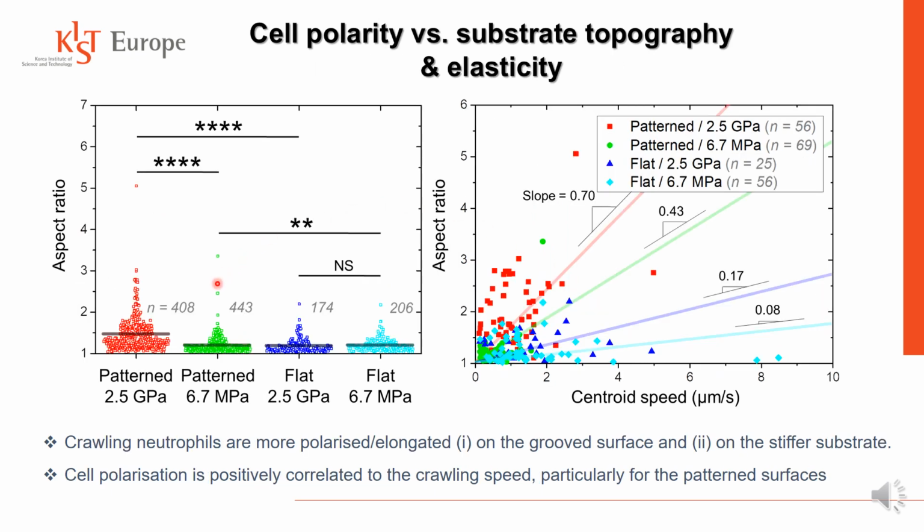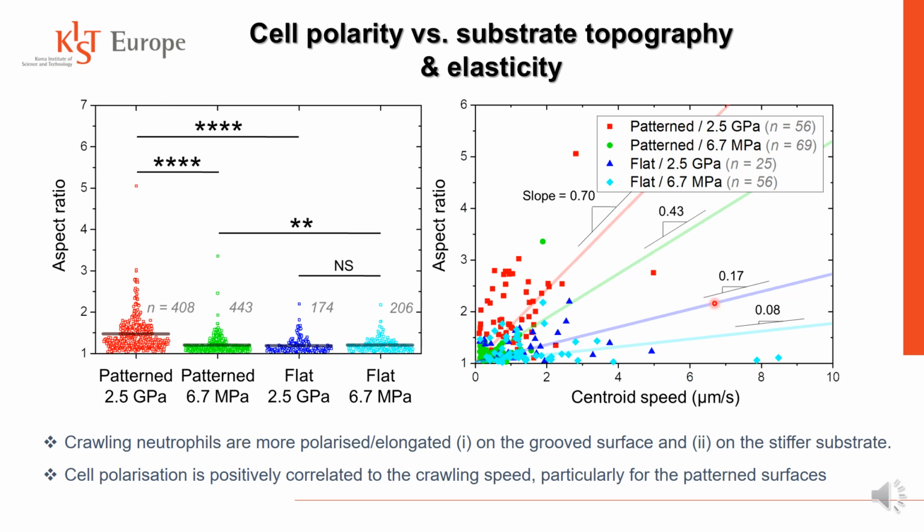In a similar way, we can plot the cell polarity for different conditions of surface topography and elasticity. First, in this graph, it is found that the crawling neutrophils are more polarized or elongated on the grooved surface and on the stiffer substrate.